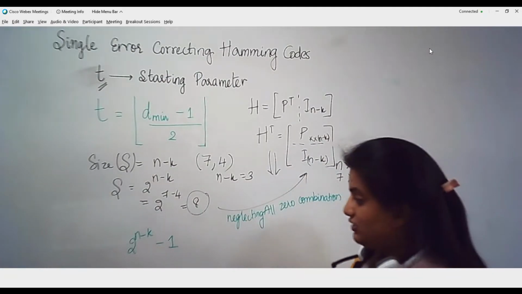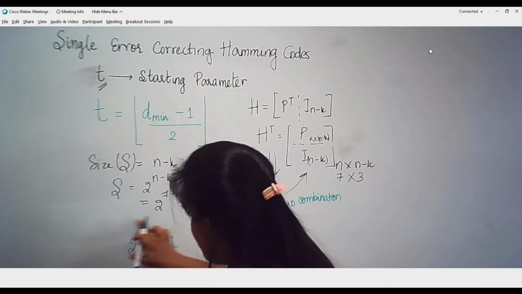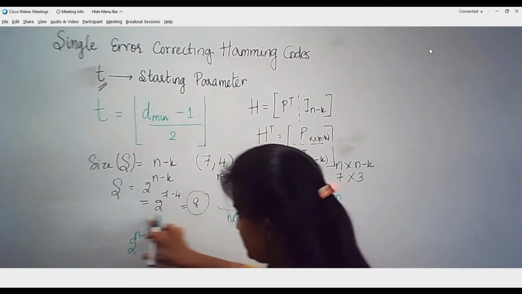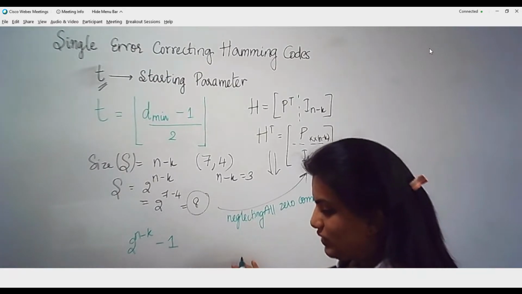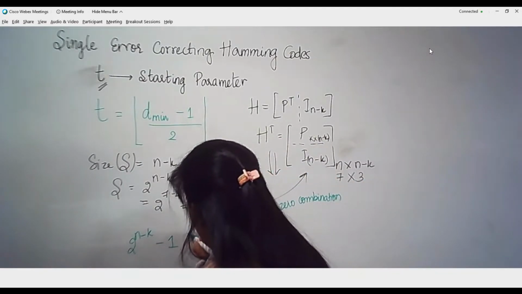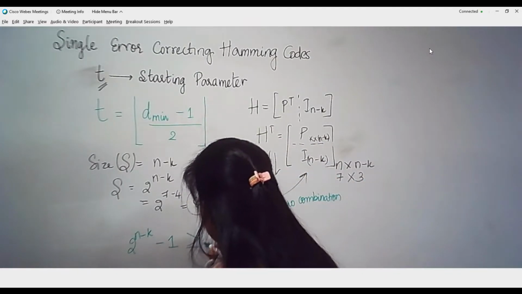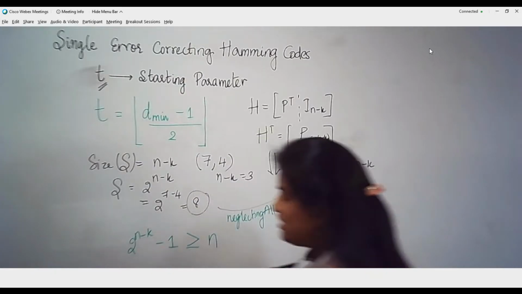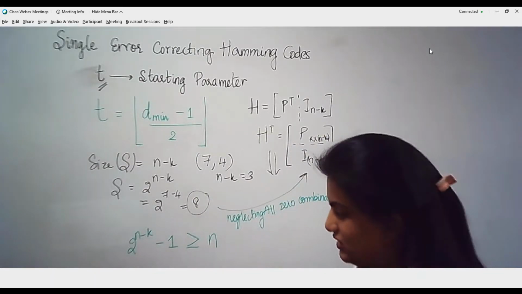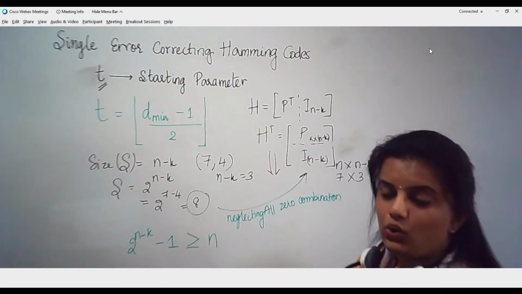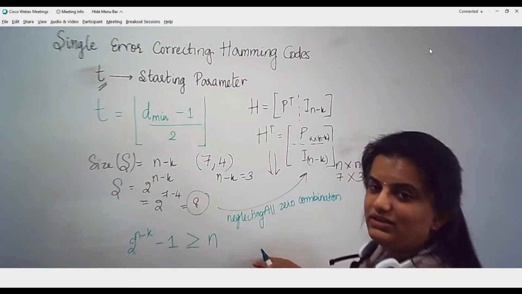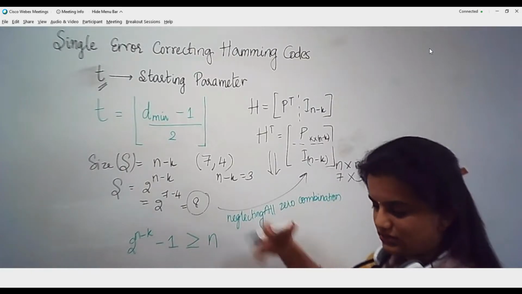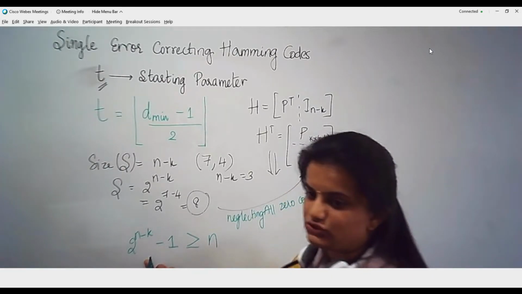Fine. And obviously, the number of syndromes that you are going to get should always be greater than or equal to the number of code words that you are generating. Only then will I be able to map all the available code vectors and their error forms into one of these syndromes.